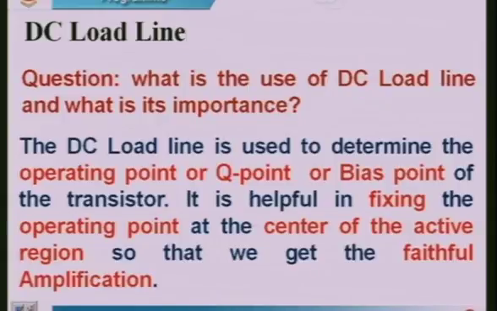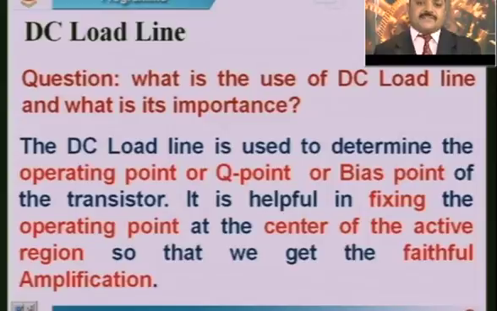The DC load line is used to determine the operating point or Q point or bias point of the transistor. It is helpful in fixing the operating point at the center of the active region. As I told you, we need to operate the BJT in the active region, but that is not sufficient. We need to operate the BJT at the center of the active region.